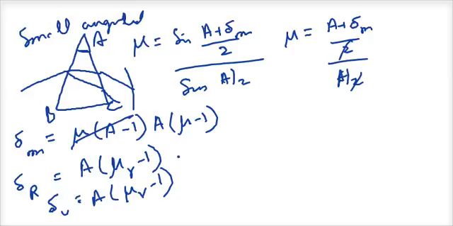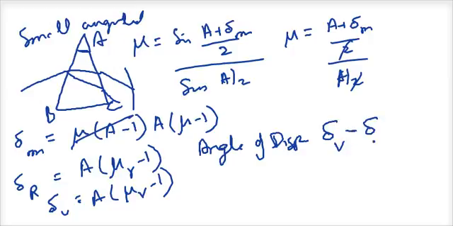Now there is something called the angle of dispersion. Dispersion is taking place, and related to it you have the angle of dispersion. What is it? The angle of dispersion is the deviation suffered by violet light minus the deviation suffered by red light. Why not red minus violet?